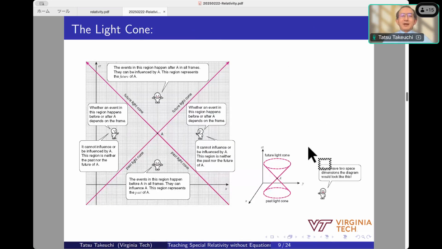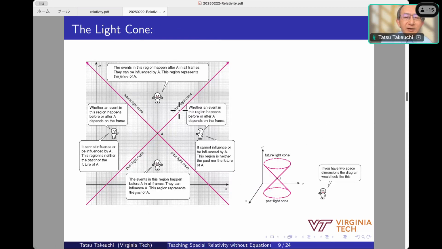Okay, so in a space-time diagram, if you pick any point, you can draw these lines that are at a 45-degree angle from both horizontal and vertical.